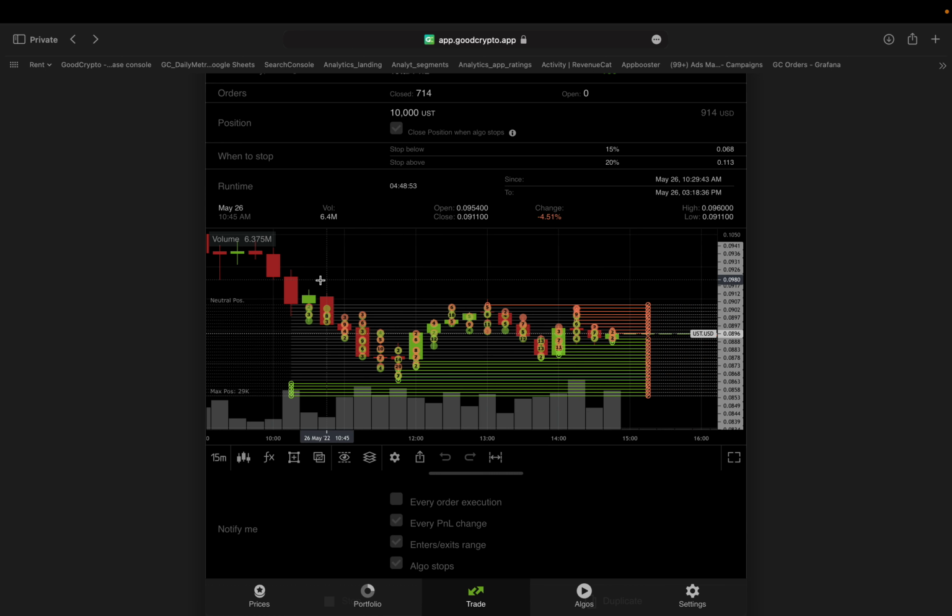You can run your grid neutral, where you have buy and sell orders, launching it with the market price in the middle of the grid. Or you can put it under the market price. This way you won't have any risk if the price leaves the grid range and goes higher.